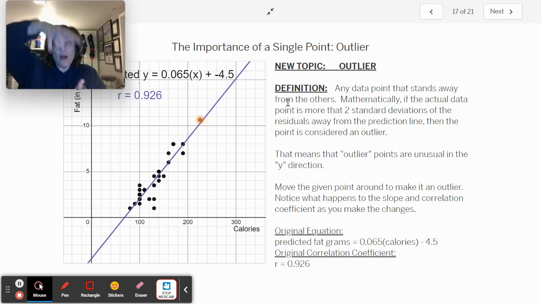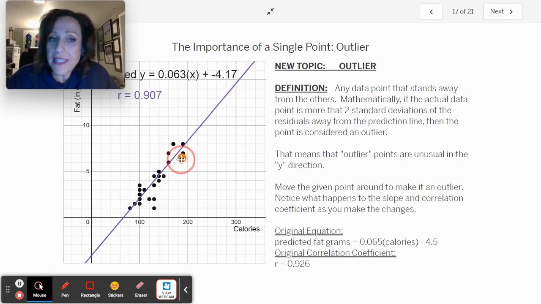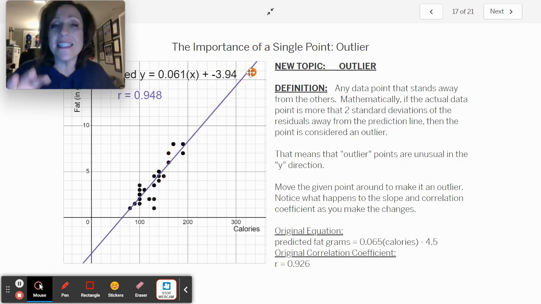So remember how in this direction, how far the actual y is from the predicted y. 2 standard deviations of the residuals away. We had talked about that a couple of days ago, standard deviation of those residuals. So that means technically an outlier is in this y direction. It's not in this way. This is what kind of blows your mind.